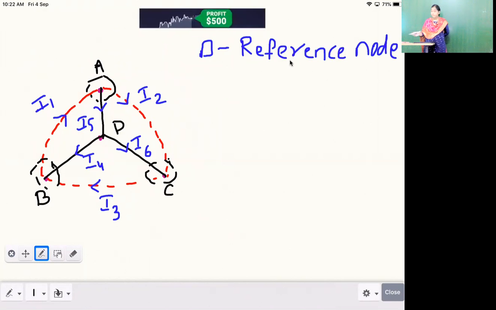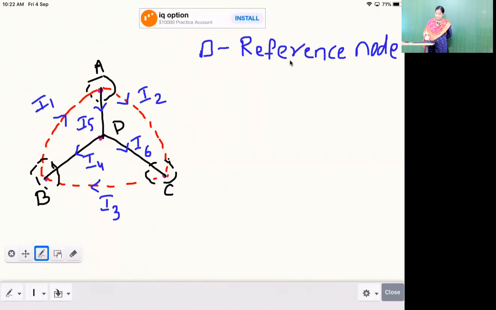Out of these three branches, we know that I1 and I2 are the links and I5 is our branch. So what you need to do in a cut set schedule is, for this node A, you have to see the direction of the branch current, which is I5 in this case. According to this, the I5 current is leaving the node A. Therefore, what you have to do here is draw one reference direction of the current as leaving the node and rename this node as Q. Okay, or let us write it as P. We'll go according to alphabetical order.